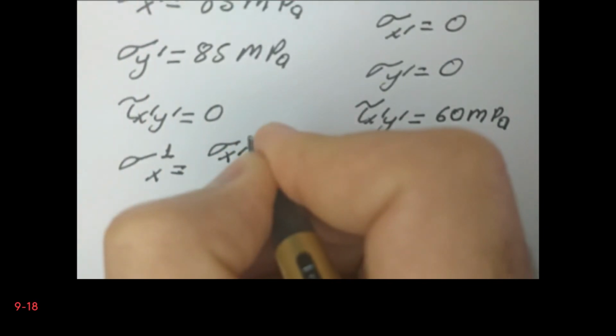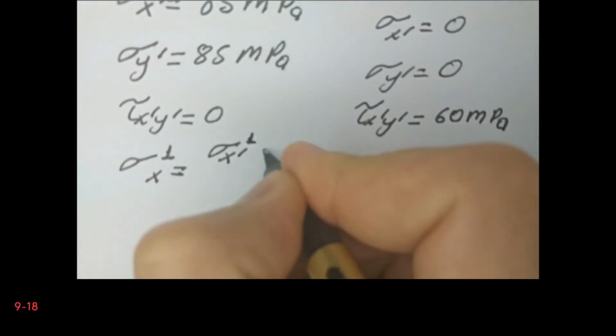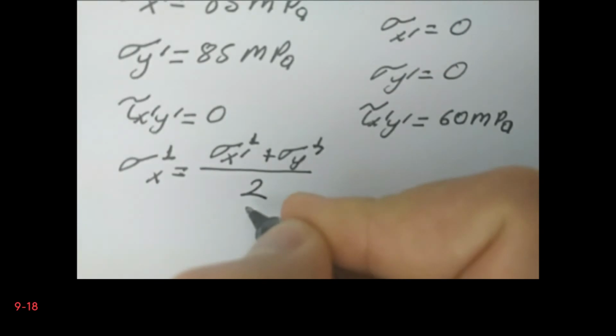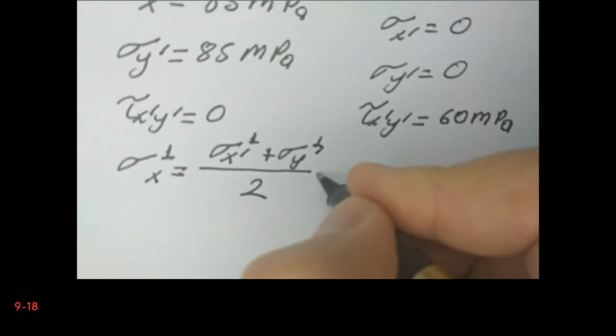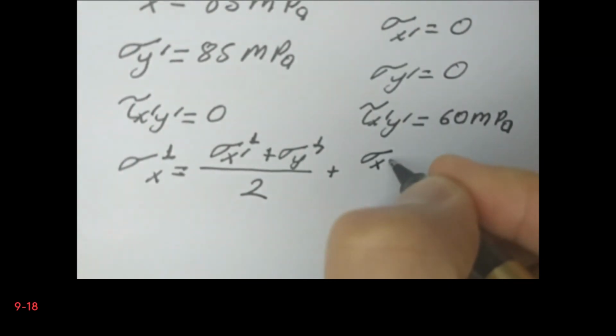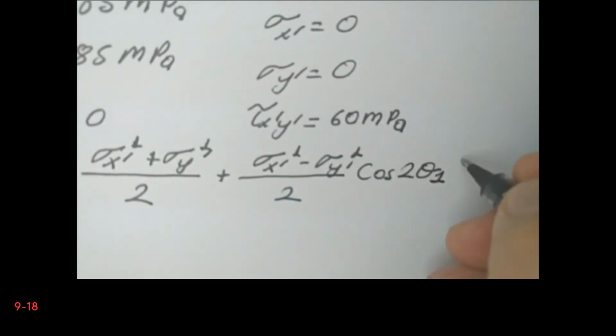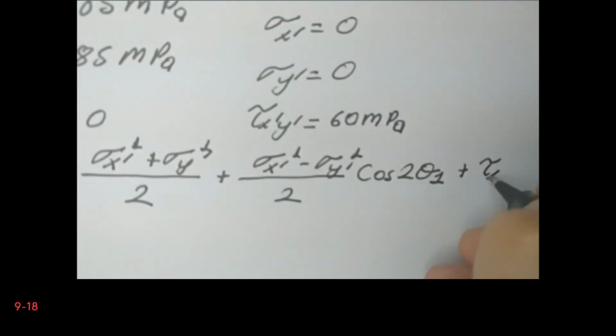So sigma x1 is equal to sigma x prime 1 plus sigma y prime 1 divided by 2, plus sigma x prime 1 minus sigma y prime 1 divided by 2, multiplied by cosine 2 theta 1, plus tau x prime y prime 1 multiplied by sine 2 theta 1.